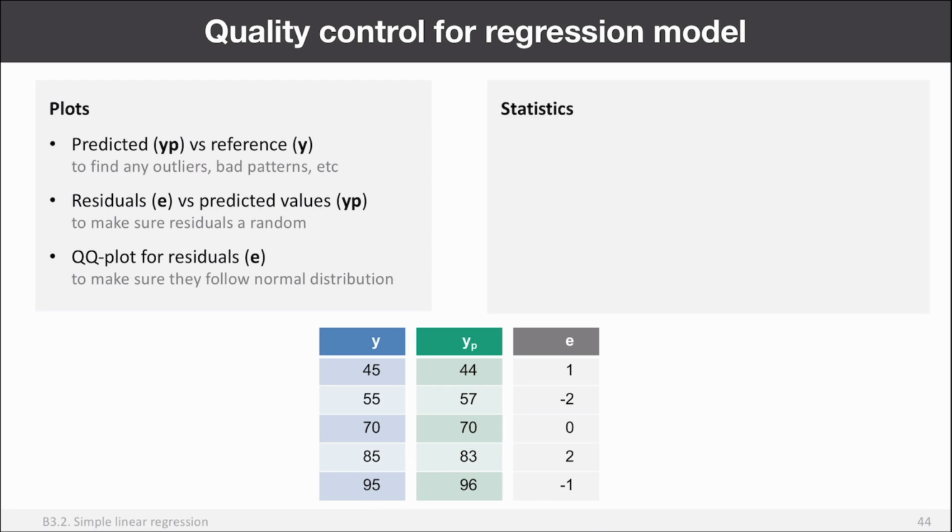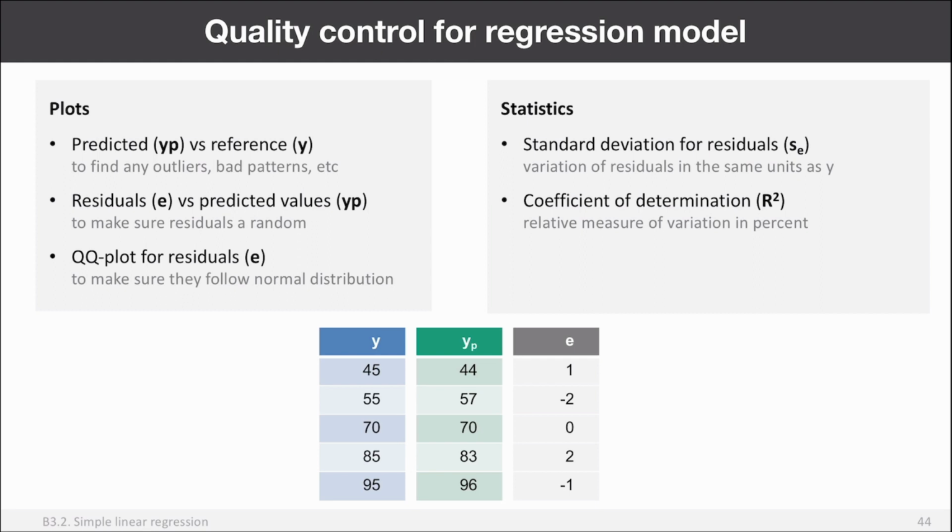The statistics include standard deviation for residuals, aka standard error, because in this case it's a statistic of a statistic, right? So you calculate standard deviation of residuals, and residuals are statistics. So that's why we call it standard error of residuals, or standard error of prediction. That tells you something about variation of your values. Then you have coefficient of determination.